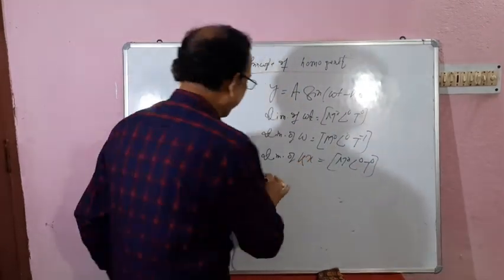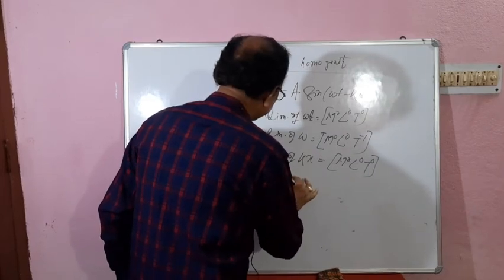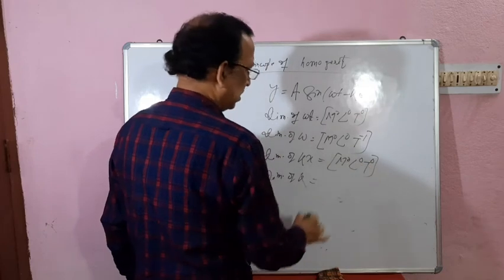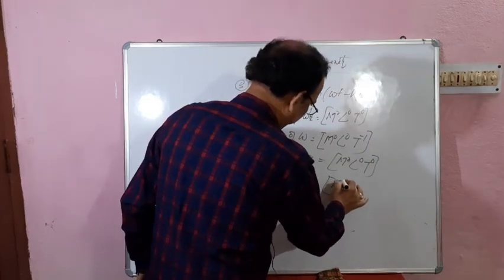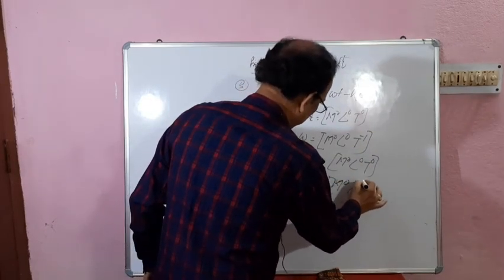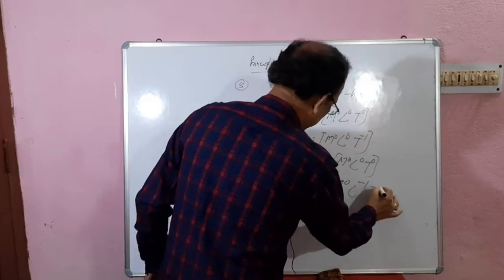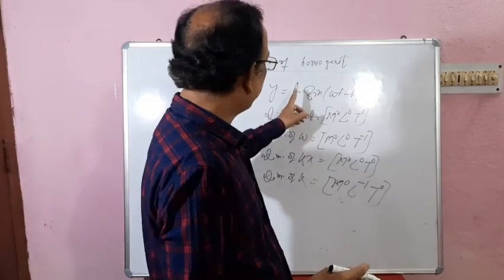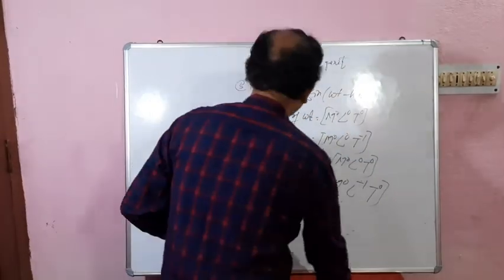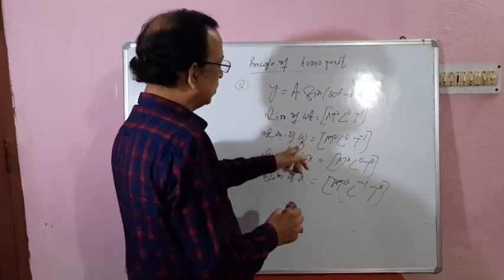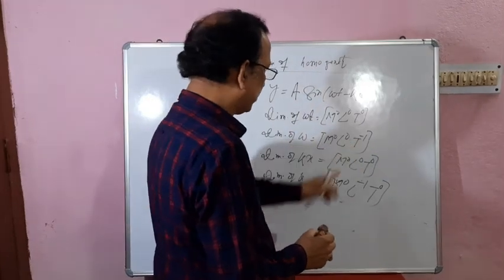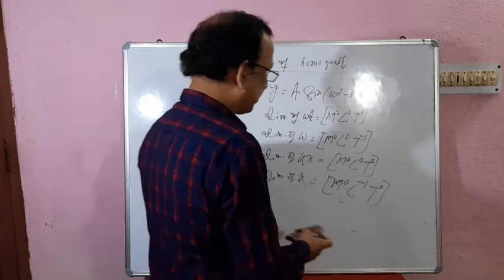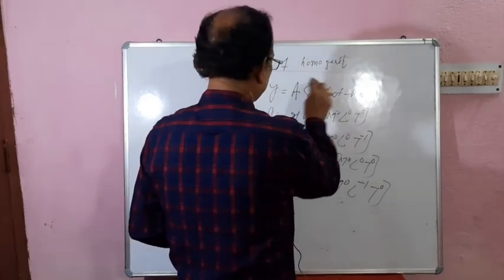So dimension of k is equal to by x, means by L, so that is equal to m0 L minus 1 t0. This is the dimension of k. Dimension of omega is m0 L0 t to the power minus 1. Dimension of k is m0 L to the power minus 1 t0. Now dimension of a.